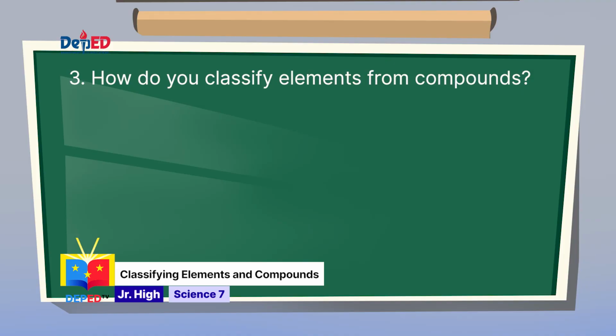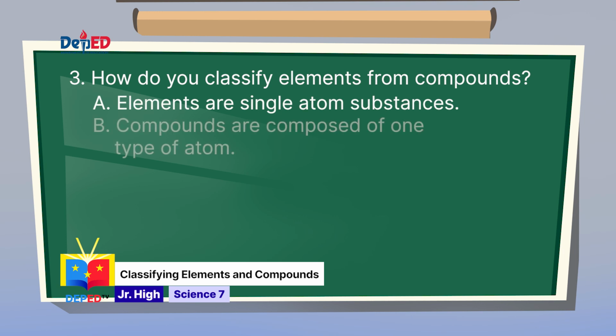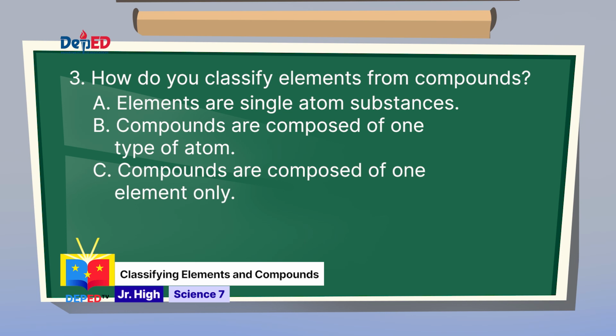Number 3. How do you classify elements from compounds? A. Elements are single-atom substances. B. Compounds are composed of one type of atom. C. Compounds are composed of one element only.